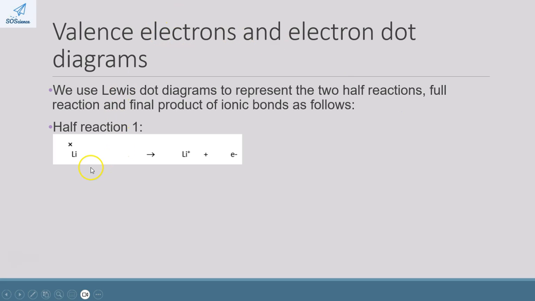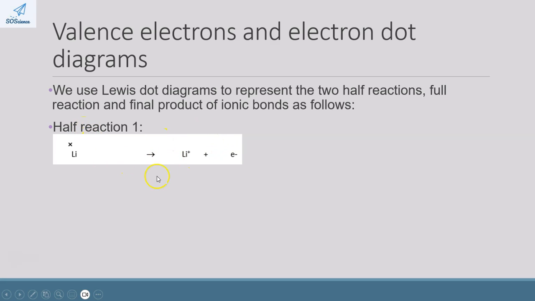We start off with a lithium atom. Lithium has one valence electron. Now, lithium gives away this valence electron and becomes lithium plus. So on the reactant side, we've just got our metal atom. We have to indicate the number of valence electrons.